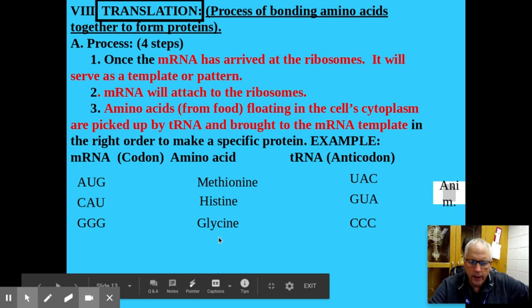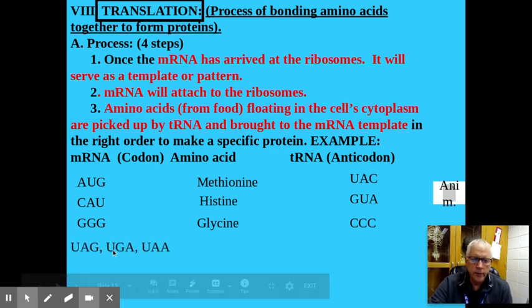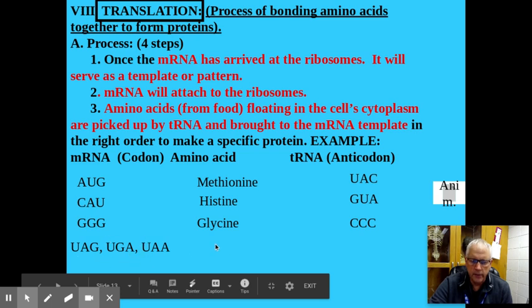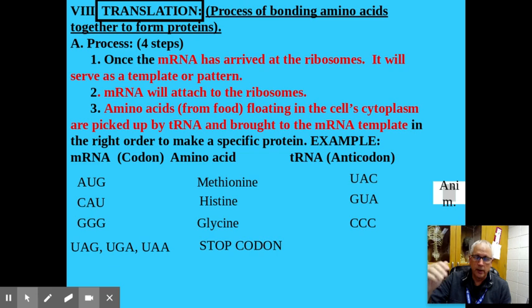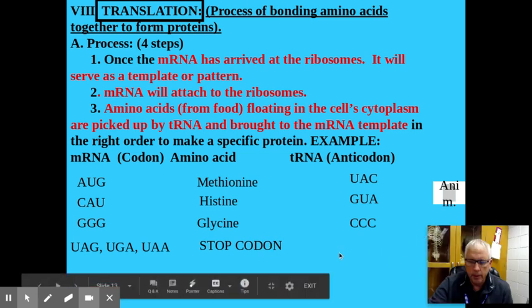And we're just going to keep doing that until we finally get to any one of the 3 stop codons. It can be any of these. And that tells the body, I'm done. I made a pretty short protein here. I have put everything in I need to put in. I'll put my anticodons in there so they match. Okay.